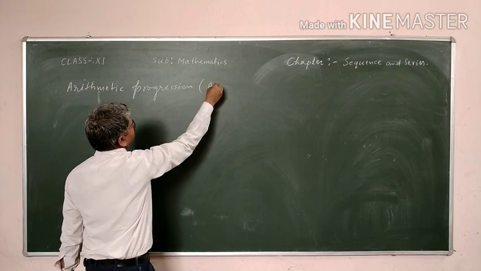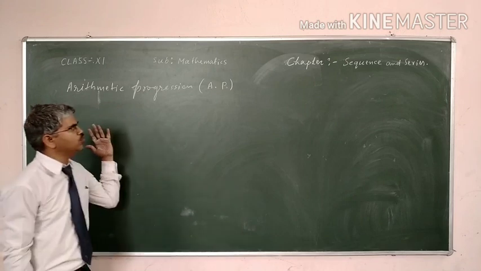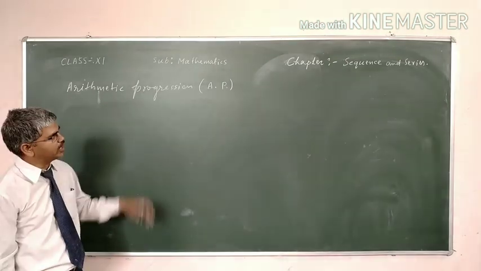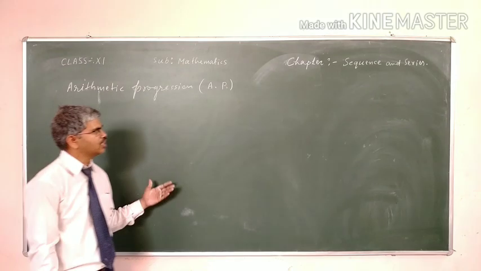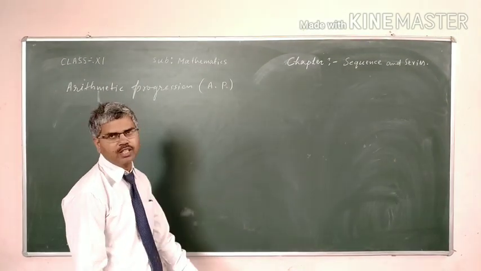This one is not a new topic for you because you already studied it in class 10. In class 11 we study the same. The different one is only the geometric series.